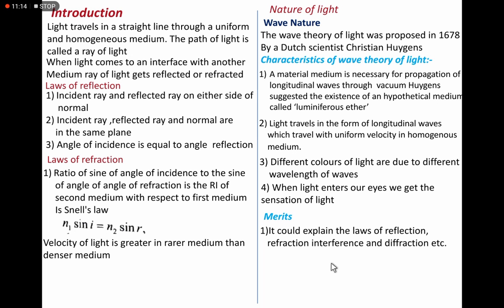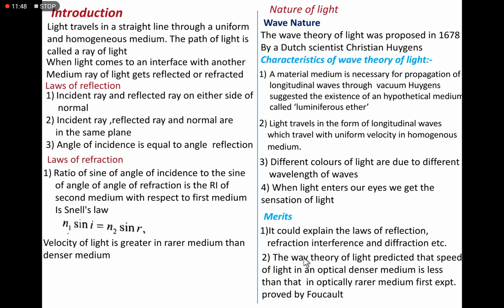Even by using this wave theory of light, we are able to explain the simultaneous reflection and refraction of light, even double reflection and double refraction of light. These kinds of properties of waves can be explained using wave theory of light. These properties could not be explained by using Newton's corpuscular theory.